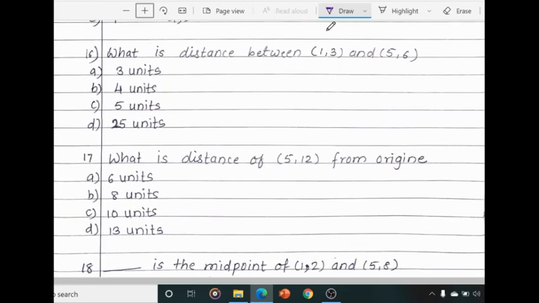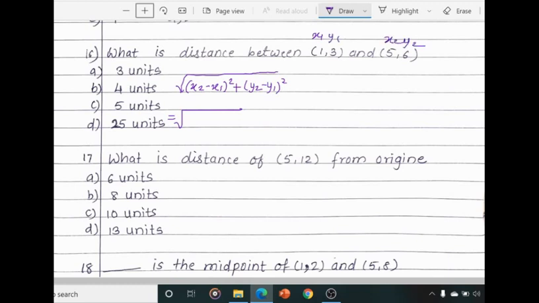What is the distance between 2 points? You know how to find out the distance between 2 points? The formula is distance between two points is under root x2 minus x1 square plus y2 minus y1 square. Now put the values over here. This is our x1 y1 and this is our x2 y2.